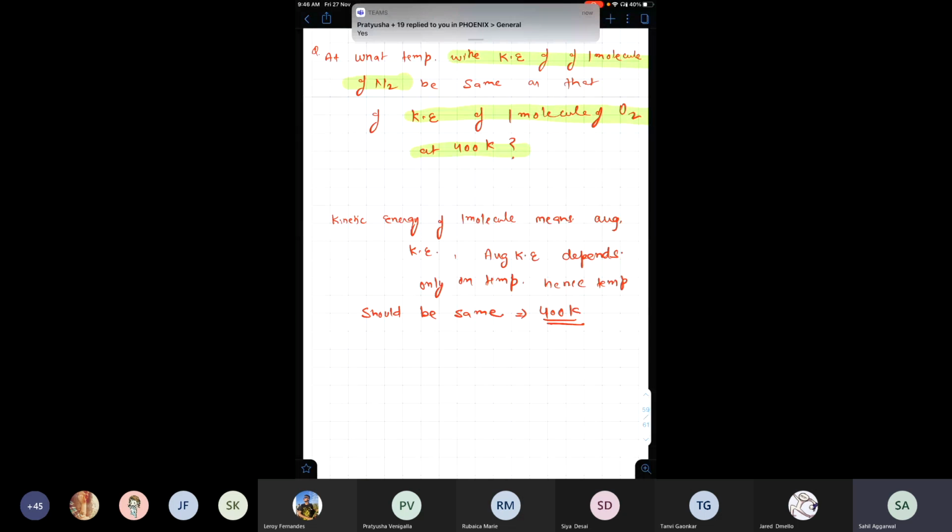You should only know that average kinetic energy depends only on temperature. Understood all of you? एक और कर लेते हैं इसके जैसा.